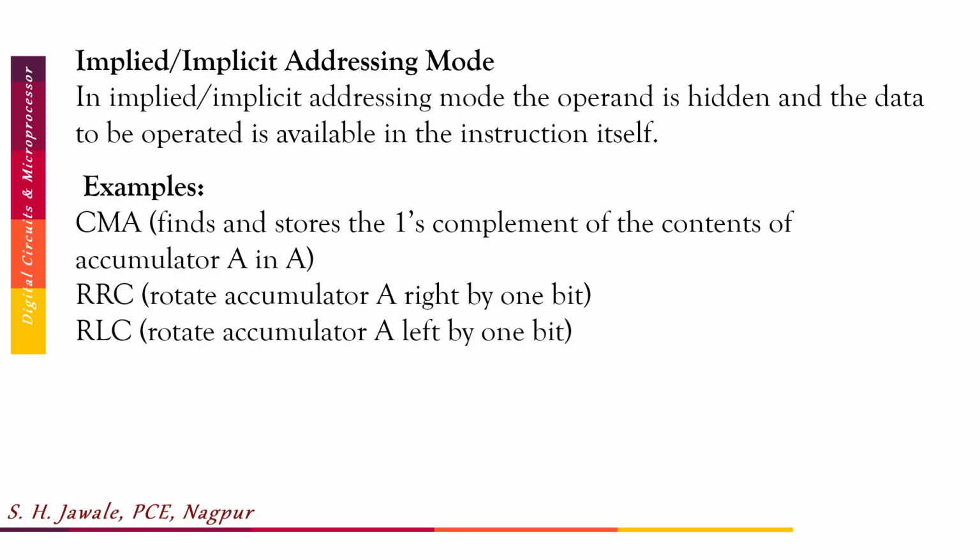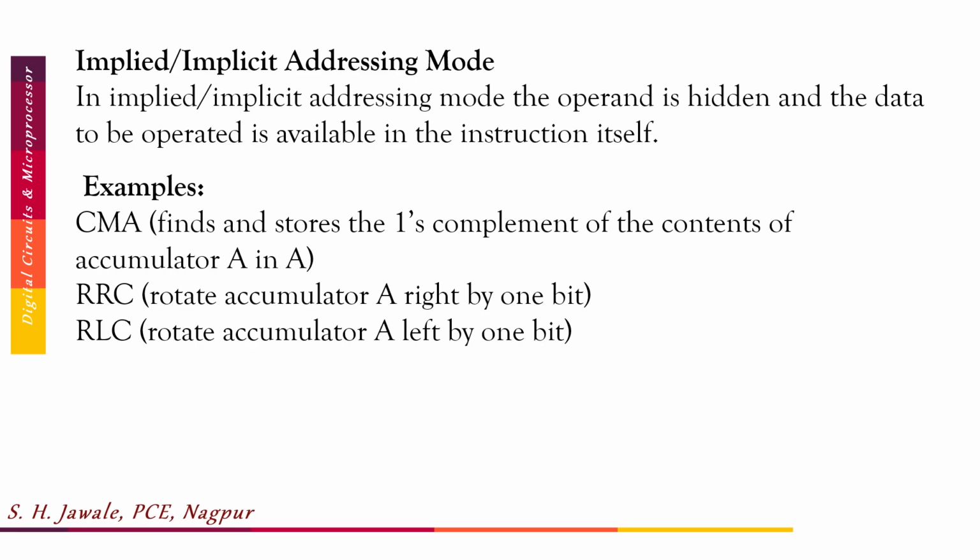CMA means complement accumulator. Complement the content of the accumulator. Your data is present in the accumulator and the result is also present in the accumulator. So your source of data and destination of result are fixed here, which is the accumulator.